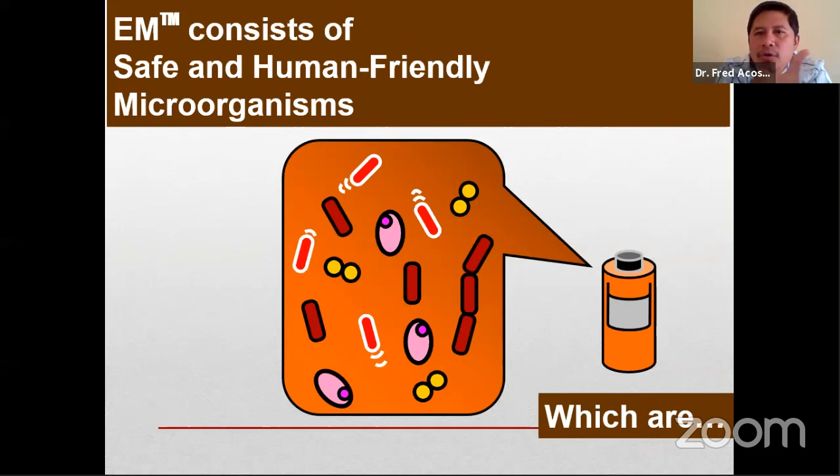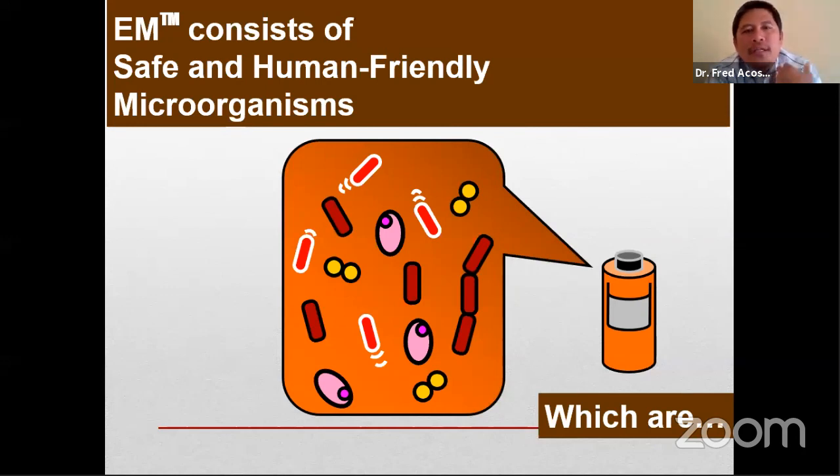Okay, we have human-friendly or the good microorganisms. We have, of course, the bad or harmful microorganisms, and we have the neutral microorganisms. So if there is more pollution in the environment, it means the bad or harmful microorganisms are more dominant.